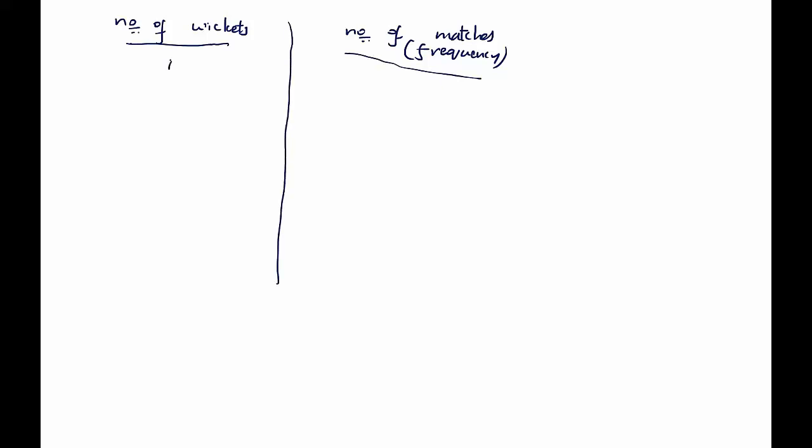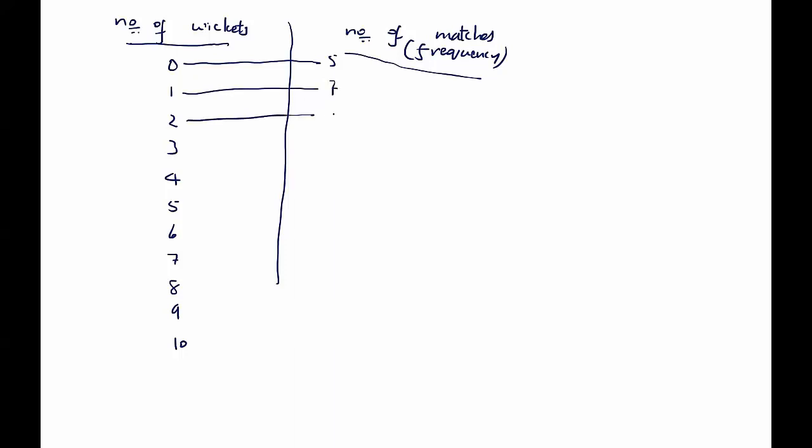Now 0, 1, 2, 3, 4, 5, 6, 7, 8, 9, 10. So 0 corresponds to 5, that is, in 5 matches, 0 wickets. 0 is repeated 5 times. That is the meaning. And 1 wicket, 1 is repeated 7 times. And this is 8, and this is 25.